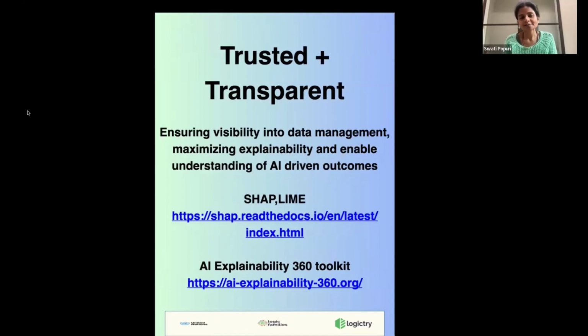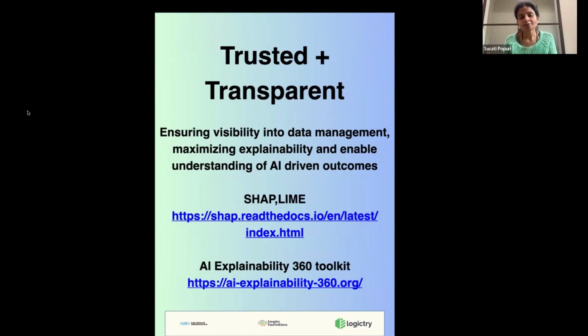The next foundational pillar of the OECD AI principles is trusted and transparent. In order to increase the trust and transparency in the AI model, it is all about bringing the model closer to explainability.